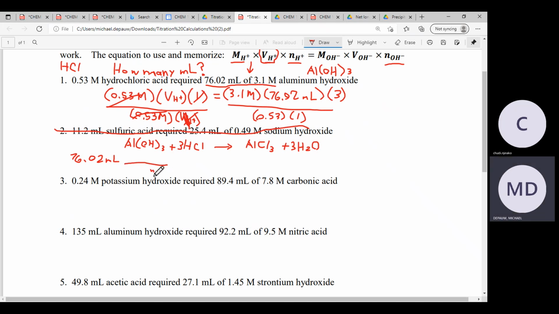Then I'd convert milliliters to liters because molarity is moles per liter. And so that'd be 1,000 to 1 liter. Then I'd convert liters to moles using the molarity. So that'd be 3.1 moles of aluminum hydroxide.